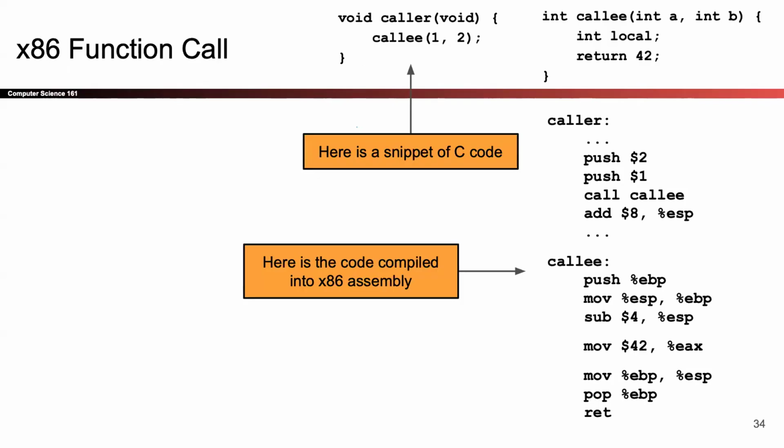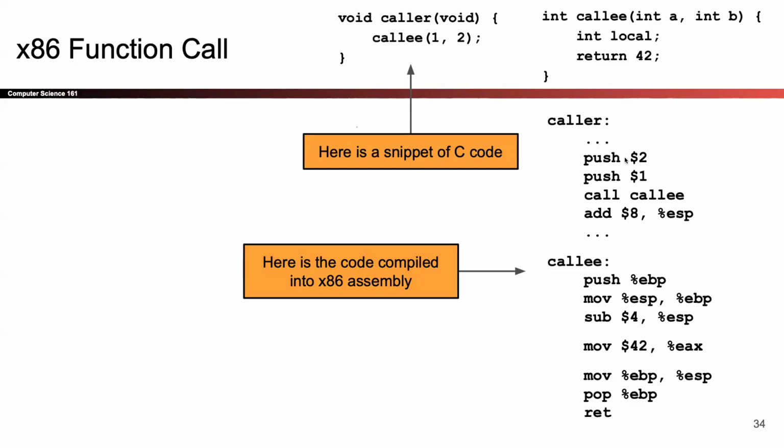So you might have C code at the top, and your compiler compiles that into assembly code shown on the right. To highlight some things in this assembly code, you see this push $2? Want to make a guess what that is doing?